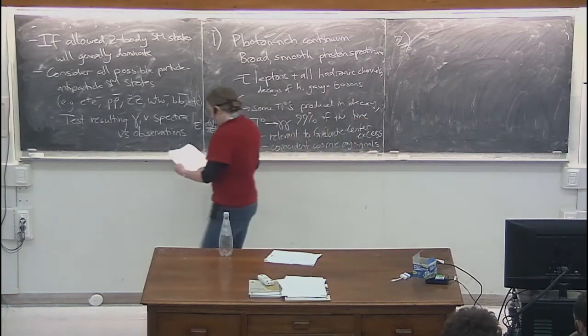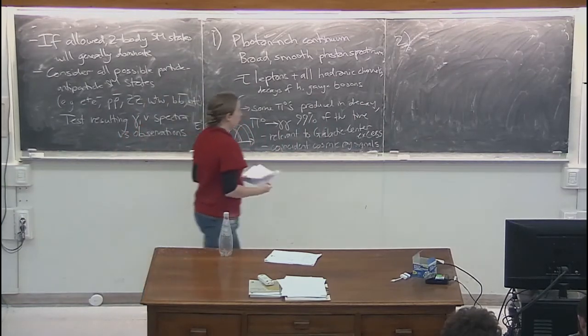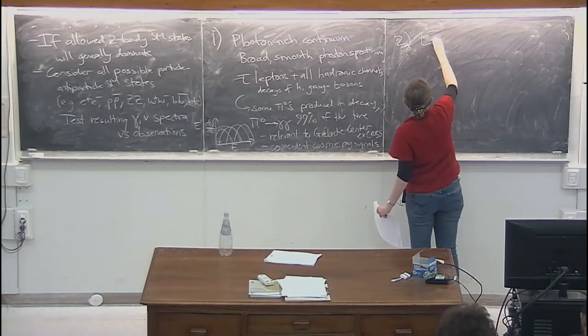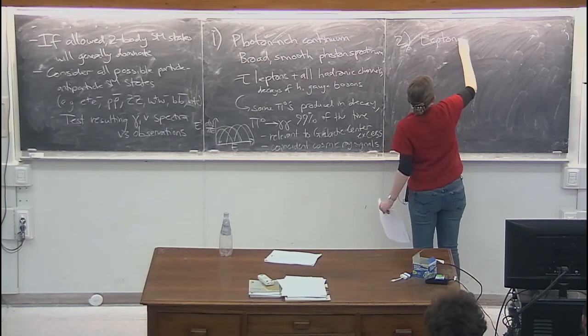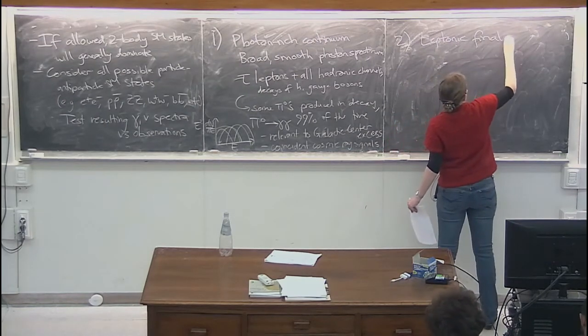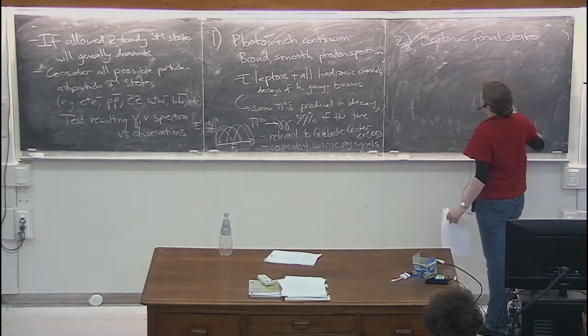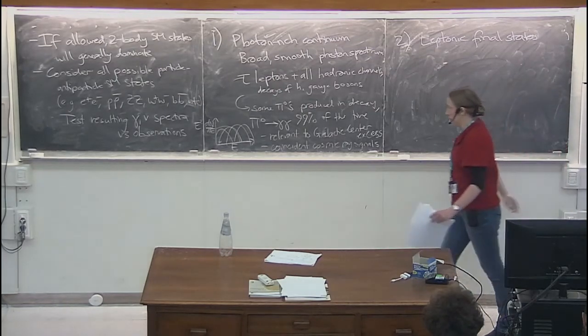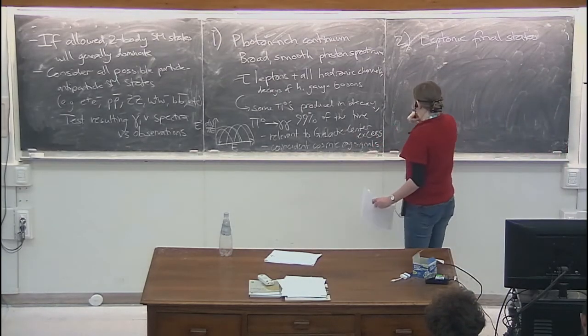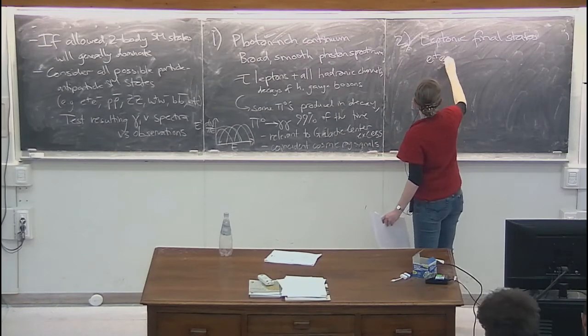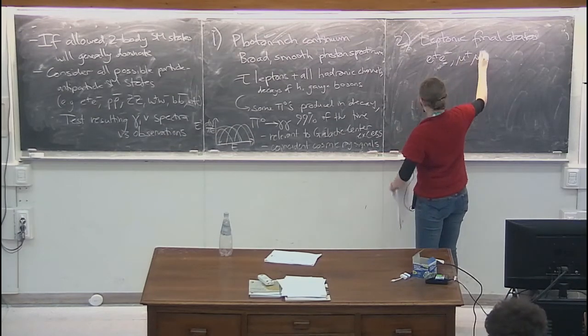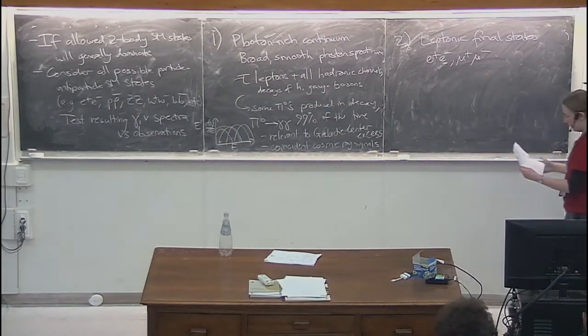Second possibility is that you could have very lepton-rich final states. Where by leptons, I don't really mean all leptons, because taus decay and produce neutral pions as well. So I mean electrons and positrons and muons and antimuons.